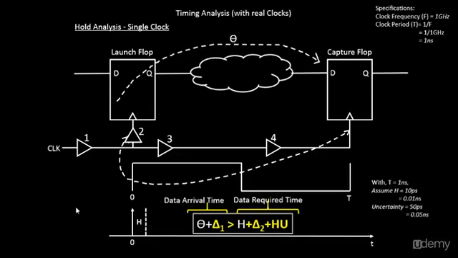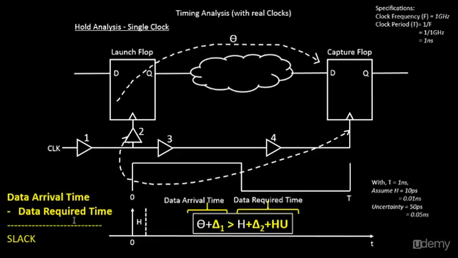So in this case, the data arrival time minus the data required time is called the slack, because that's when we expect a positive value. Slack should always be positive or zero, because in layman's terms, slack is something which is lagging behind the expected time.